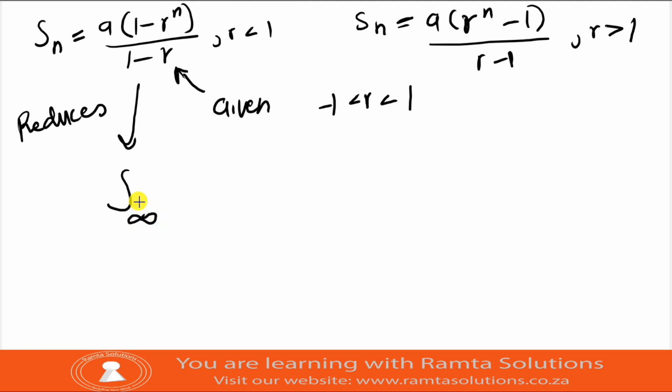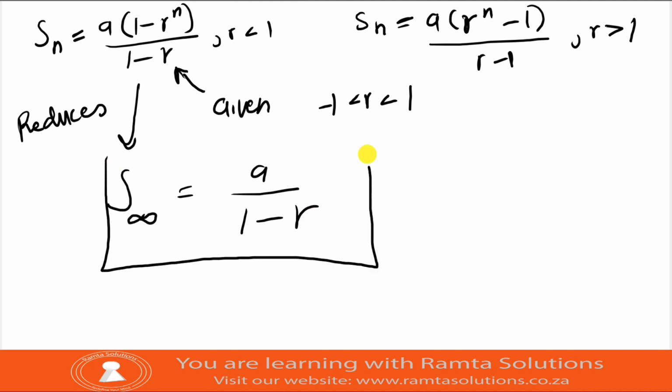So it doesn't matter the number of terms you have, hence I'm using infinity. So the sum to infinity will then be a over 1 minus r. Because we said as n increases, the series gets closer to a certain number. So we then use sum to infinity.